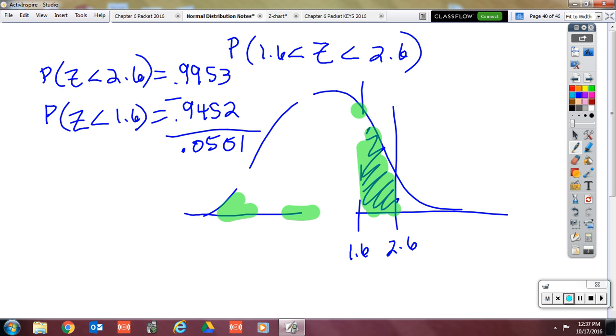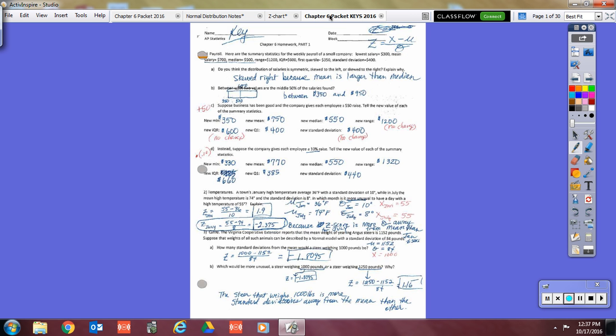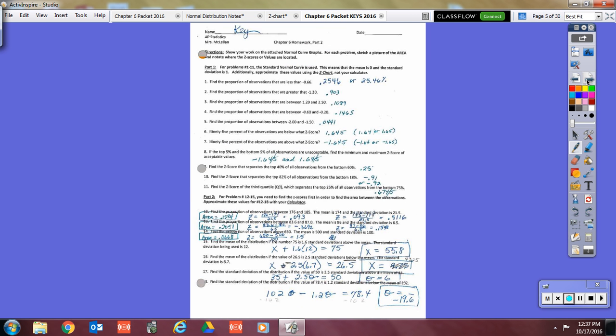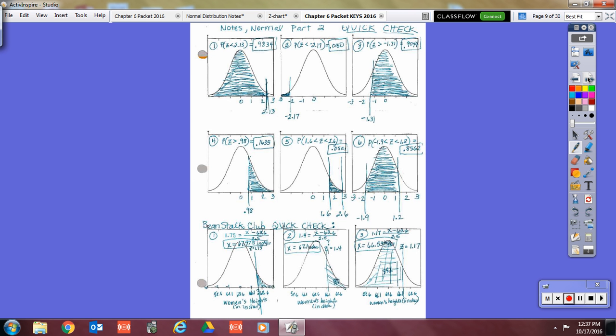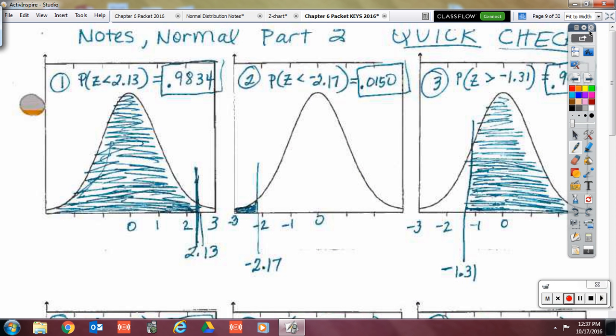All right, so let's check those real quick. Okay. All right, so there is 1, 2, and 3. Number 1 we did together. Number 2 was 1.5% or 0.015.